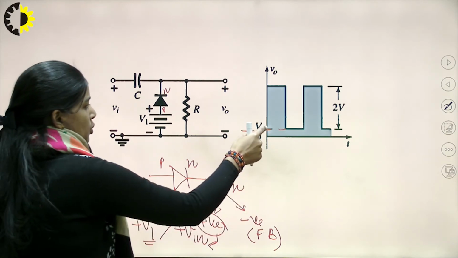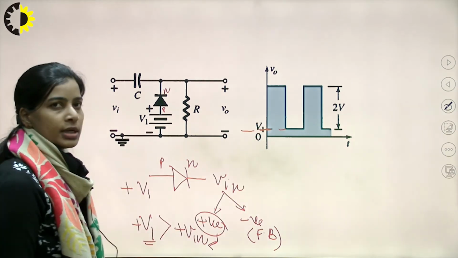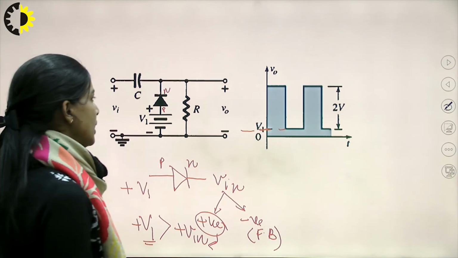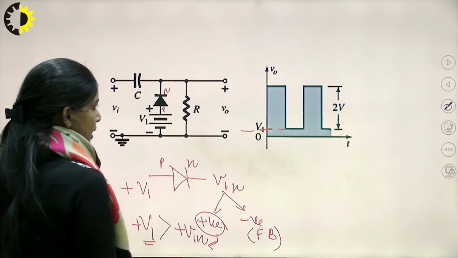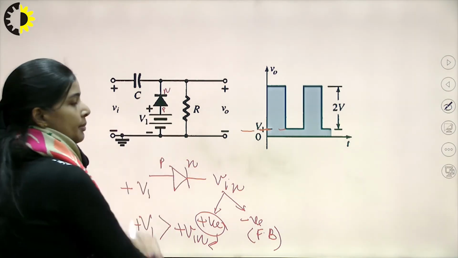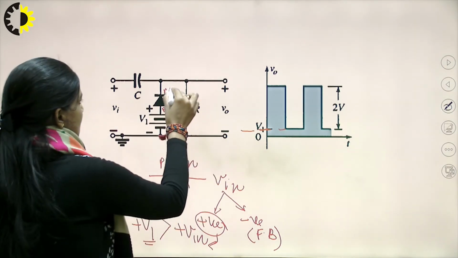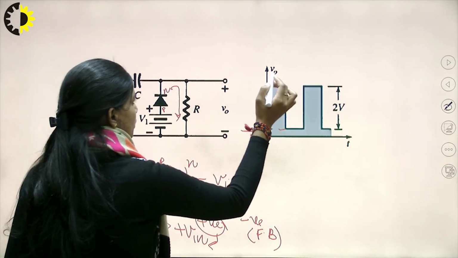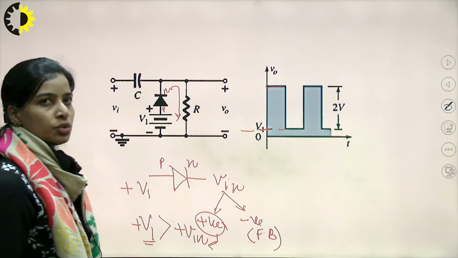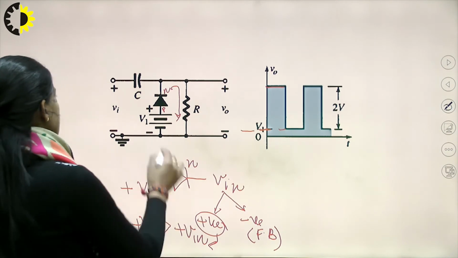As soon as the V in voltage increases beyond V1, the diode becomes reverse biased, and when it becomes reverse biased, the current starts following this path and we get the output voltage, and the magnitude of the output we can find in the same manner.